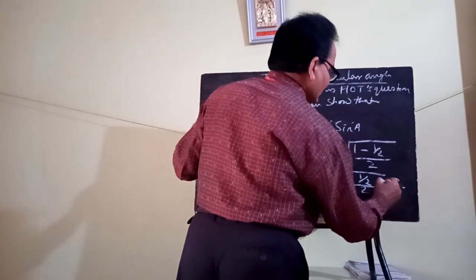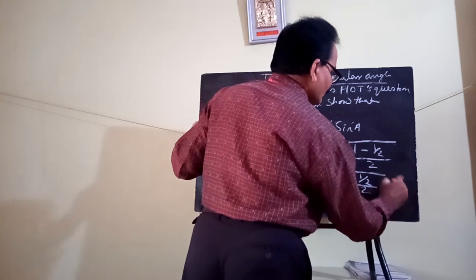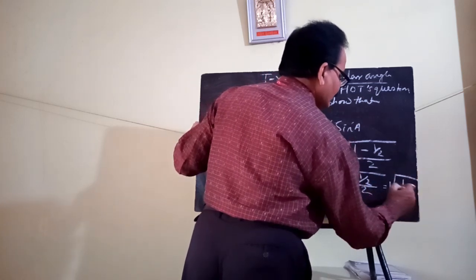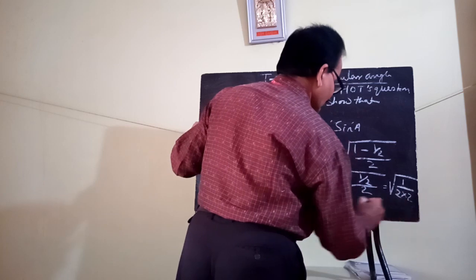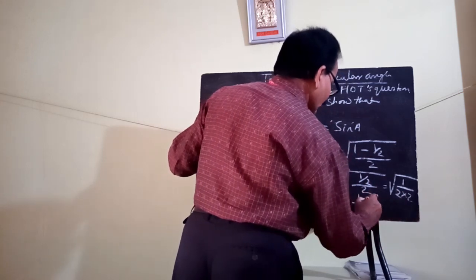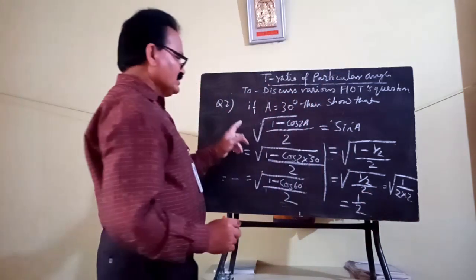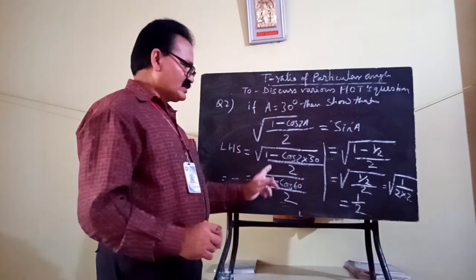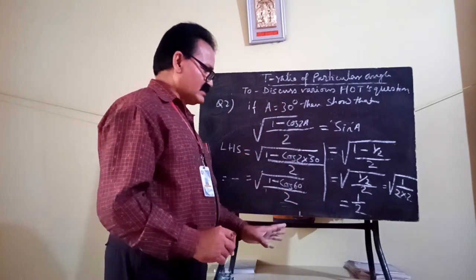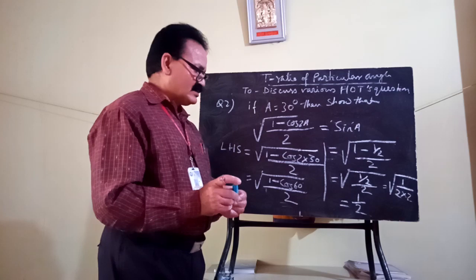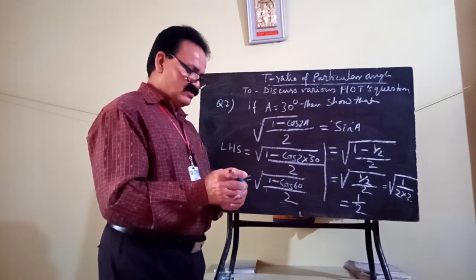So your answer will be square root of 1 by 2 into 2, which is 1 by 2. So on the left hand side, after putting the value of A as 30 degree, the final solution you have got is 1 by 2.